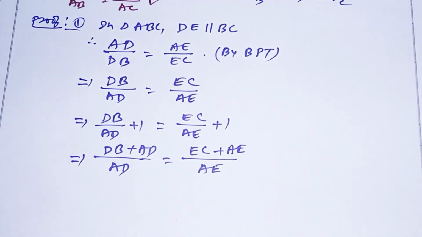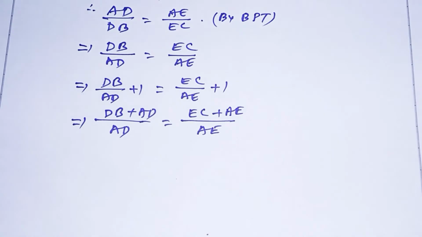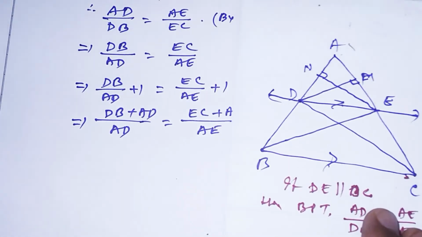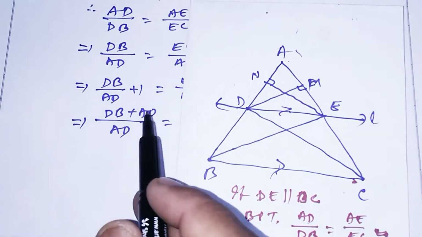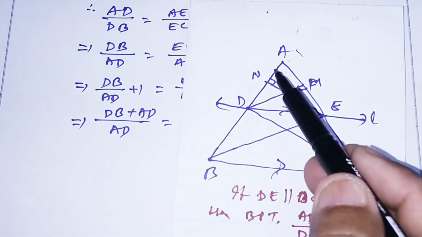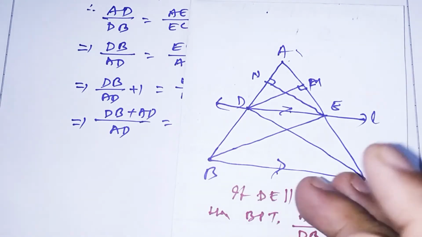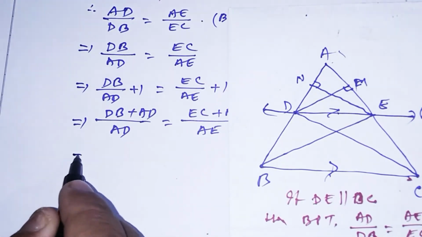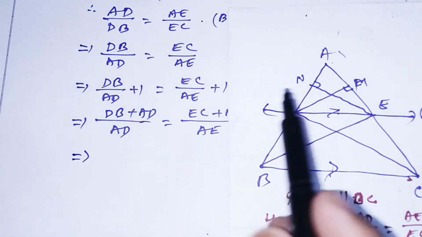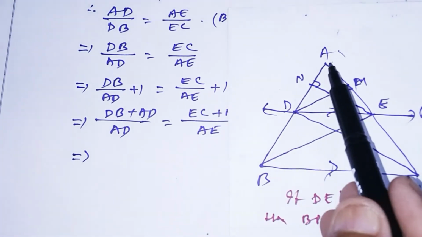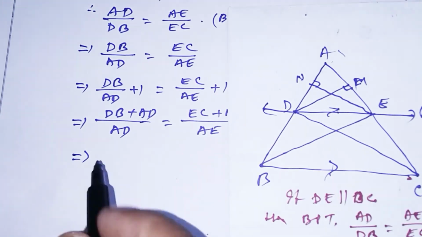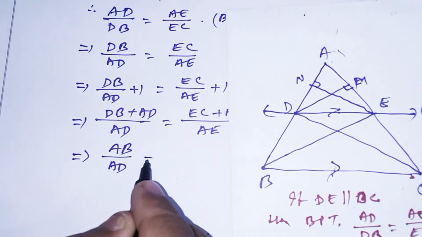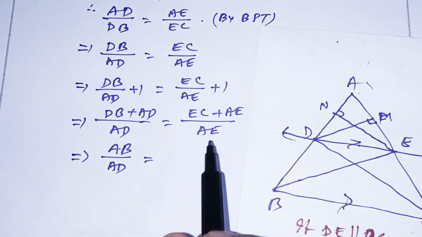From the figure, if you observe, DB plus AD will give you AB. So it implies DB plus AD gives AB, and it becomes AB by AD is equal to, now EC plus AE.